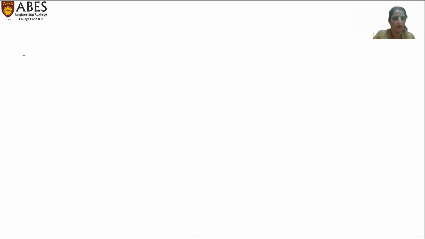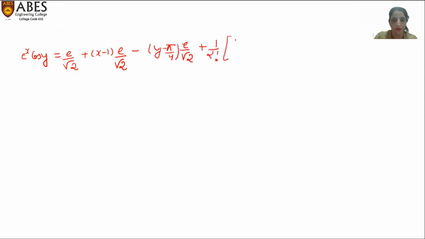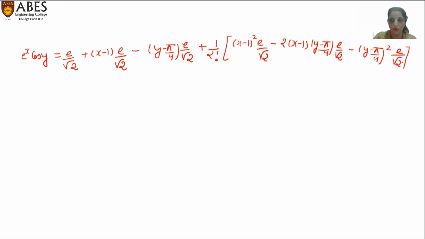So finally we get e^x cos y is equal to e upon root 2 plus (x minus 1) e upon root 2 minus (y minus pi/4) e upon root 2, plus 1 upon 2 factorial, (x minus 1) square e upon root 2 minus twice (x minus 1)(y minus pi/4) e upon root 2 minus (y minus pi/4) whole square e upon root 2, and so on.